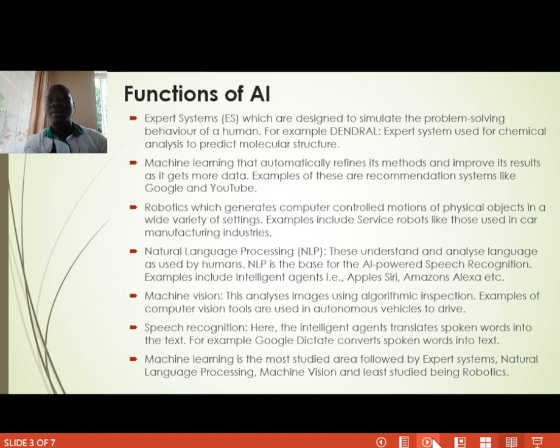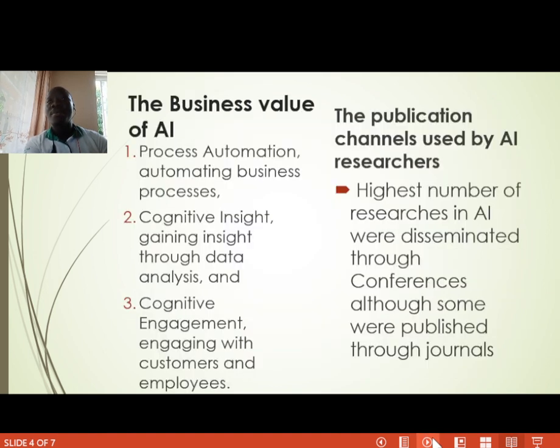And of all these, machine learning is the one which is most highly used and researched, followed by expert systems, natural language processing, machine vision, and robotics being the least studied. The business value of AI is very many. There are three. One is in process automation.